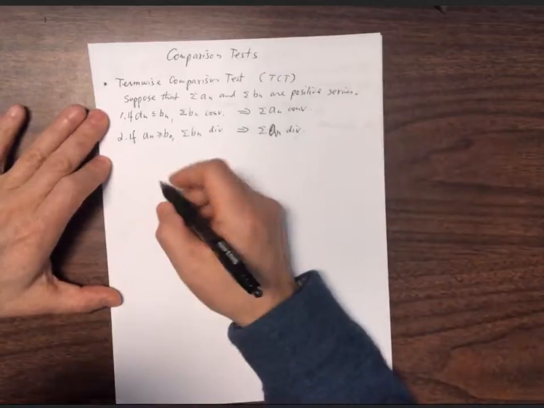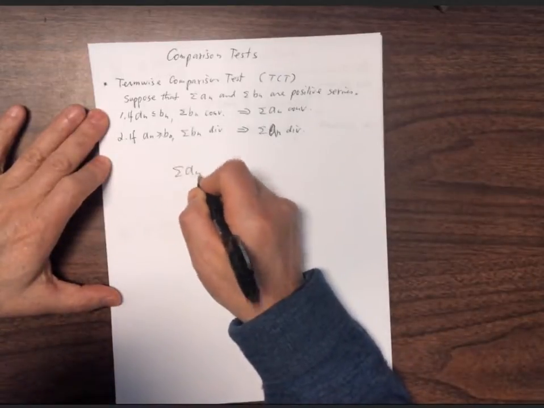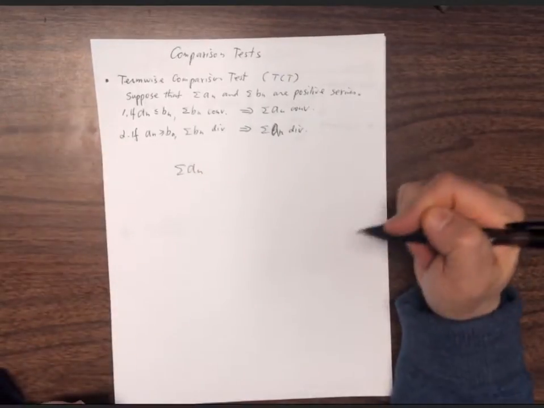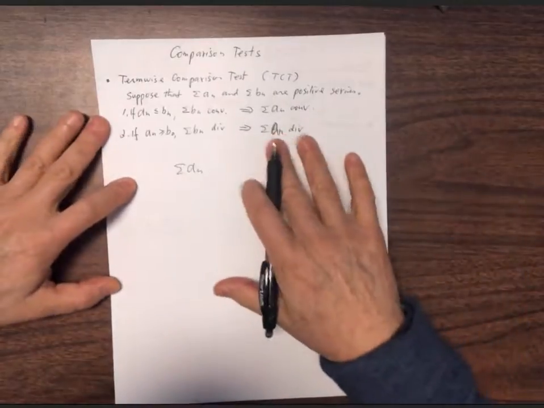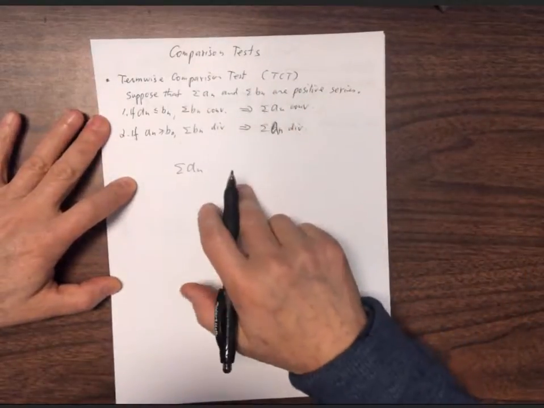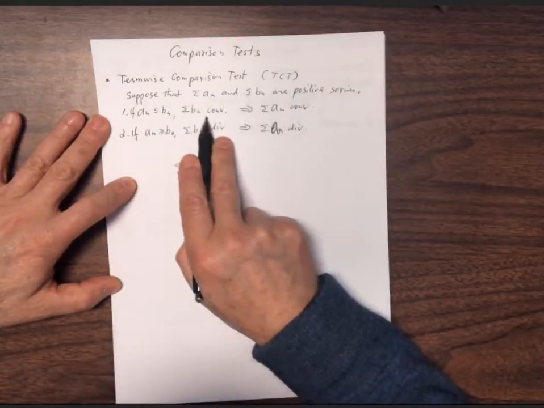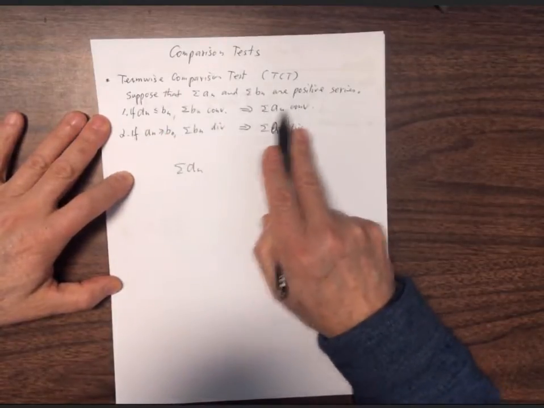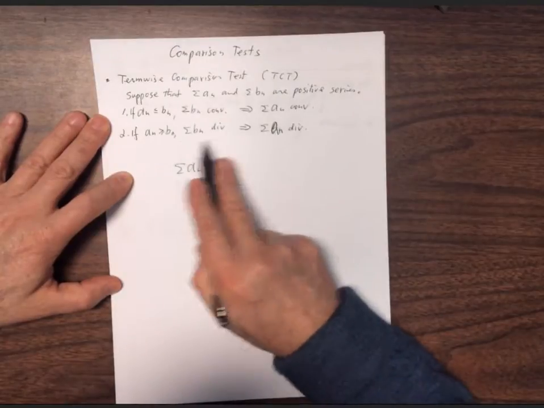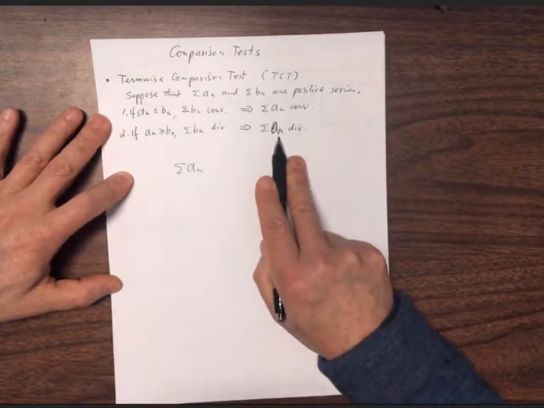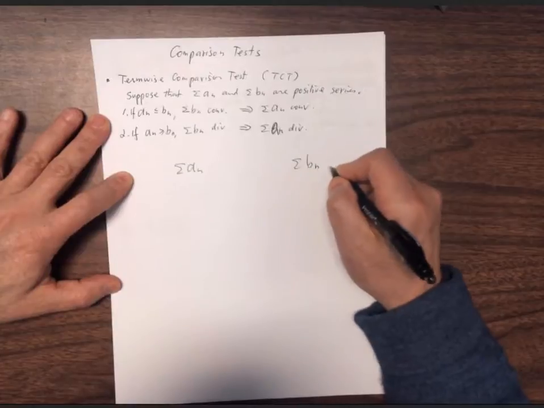So basically what this says is, given a series to check, we can try to come up with a bn. If those conditions are satisfied, we can say sigma an converges. If those conditions are satisfied, we can say sigma an diverges. So we need to find the sigma bn in practice.